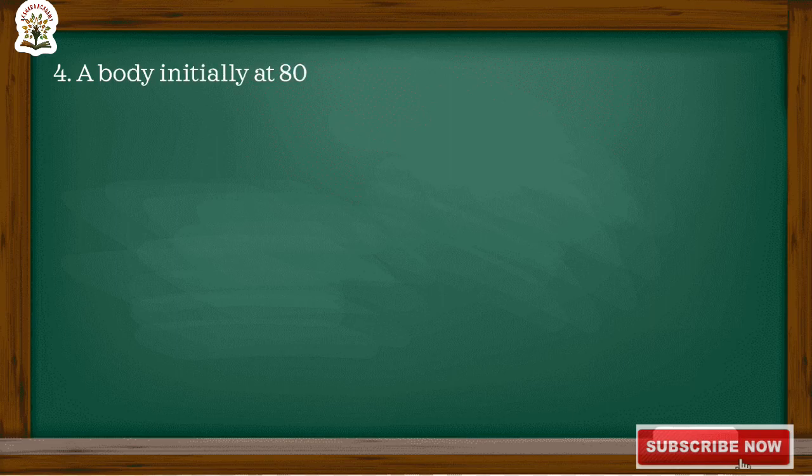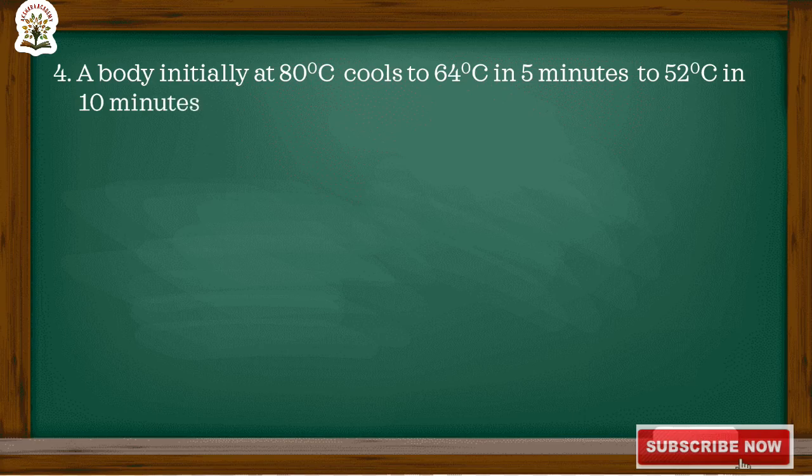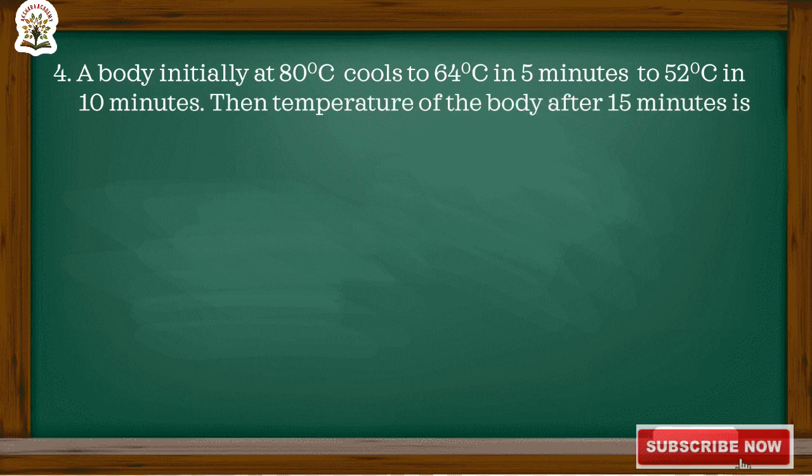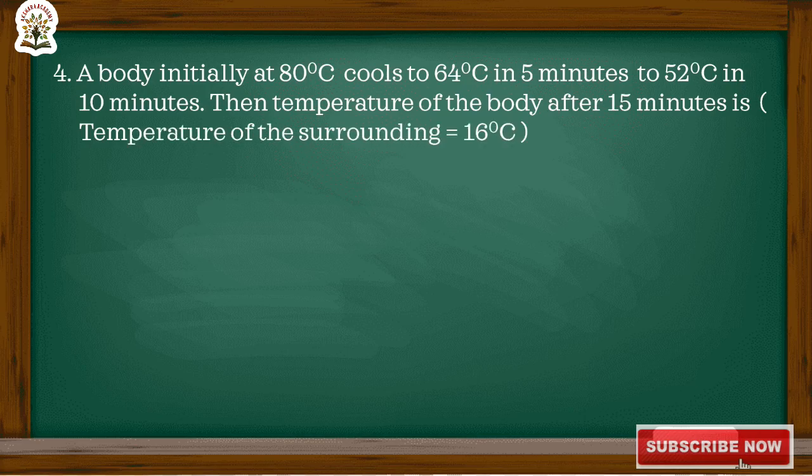A body initially at 80 degrees centigrade cools to 64 degrees centigrade in 5 minutes and to 52 degrees centigrade in 10 minutes. Then find the temperature of the body after 15 minutes. Here in this question they have given the temperature of the surrounding is equals to 16 degrees centigrade.